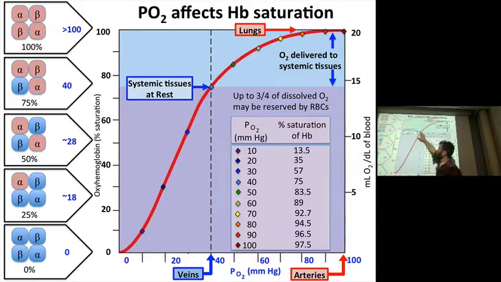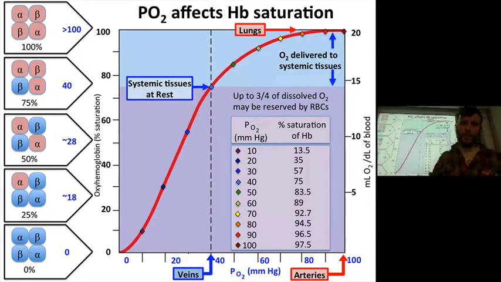Now, this blood is taken over to the lungs, okay? And we can see that up at the top there. At the lungs, the partial pressure with arterial blood is around 100 millimeters of mercury. I showed that on the first slide at the beginning of lecture today, right? So here, at this point, we have roughly full saturation.